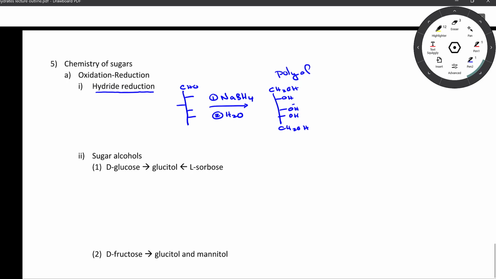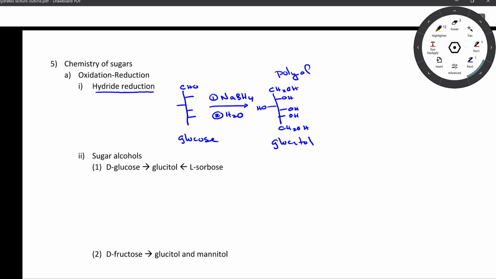Many of these polyols are also sweet, just like the sugars are. Their structure is similar enough to sugars that they retain their sweet component, but they're not usually metabolized, so you get no calories from those. So this would be glucose, and this would be glucitol.